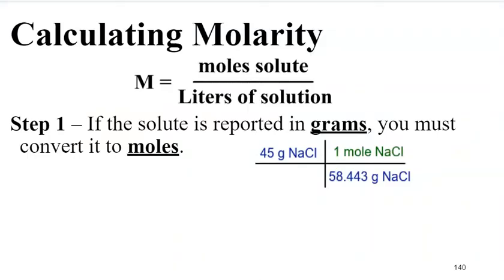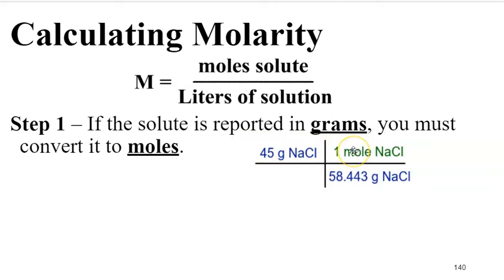So when we are calculating molarity, all you have to do is use this formula here. The capital M is equal to moles of solute divided by liters of solution. If the solute is reported in grams, the first thing you need to do is convert it to moles. So if they give you 45 grams, if that's my given, I'm going to put that over 1 mole.